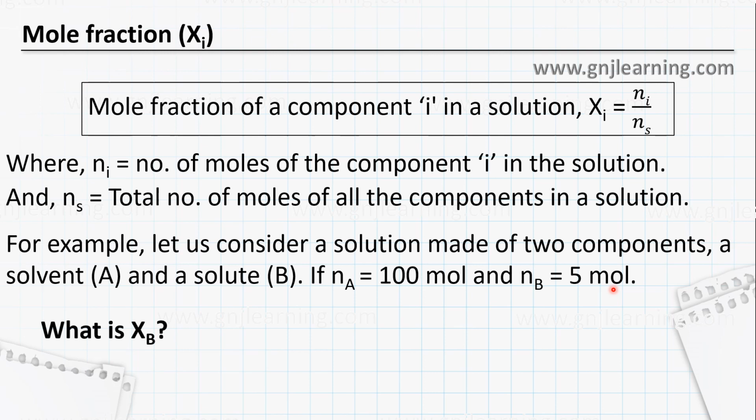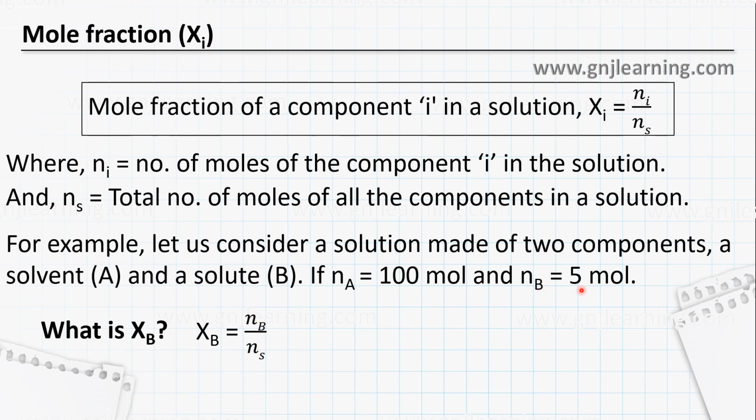I want to find out Xb. Xb means here I am going to find the mole fraction of B, the solute. Clear? Applying this formula, instead of I we substitute B. Xb is equal to Nb divided by Ns. So the ith component here is B. What is Nb?